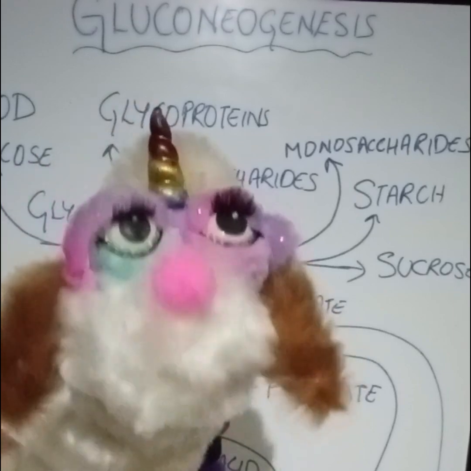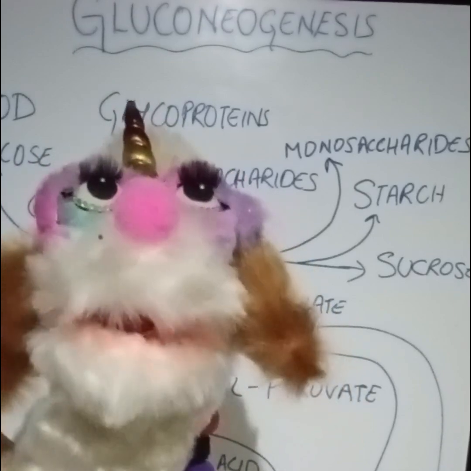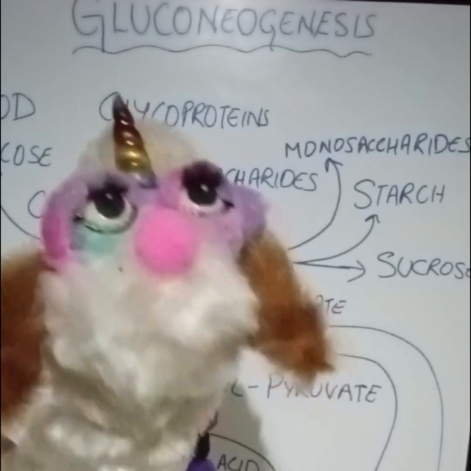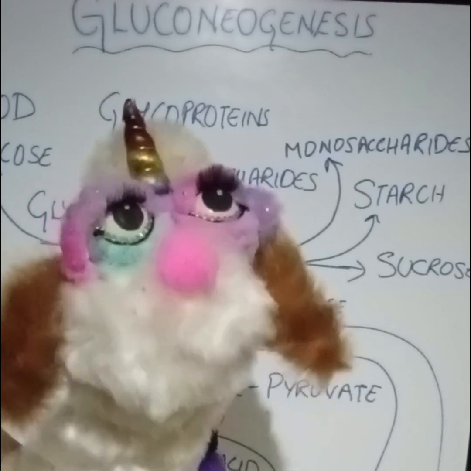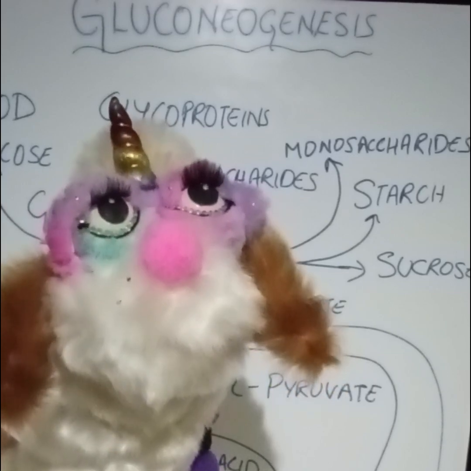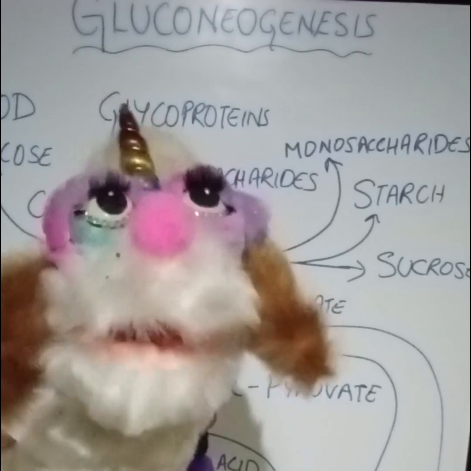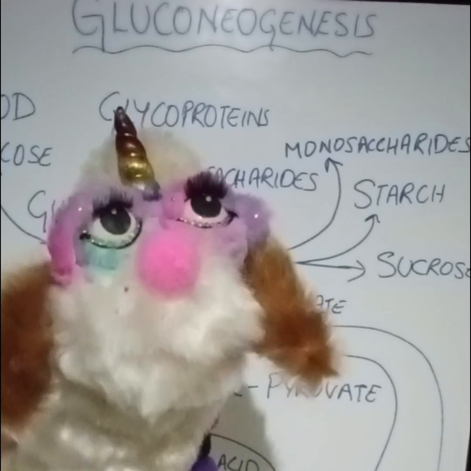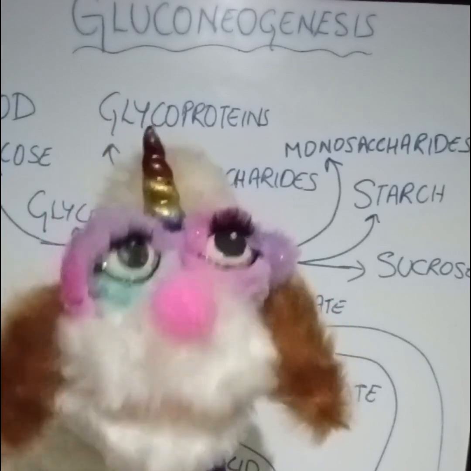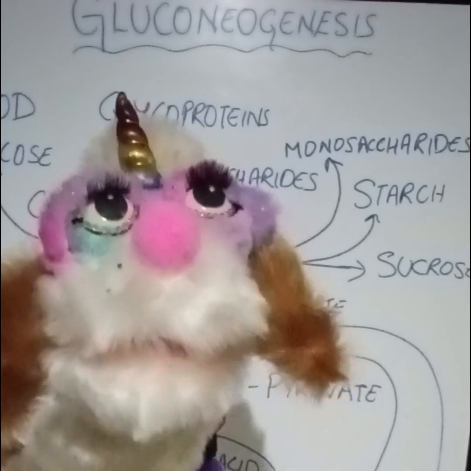This is accomplished by a pathway called gluconeogenesis, that is, formation of new sugar, which converts pyruvate and related 3 and 4 carbon compounds to glucose.